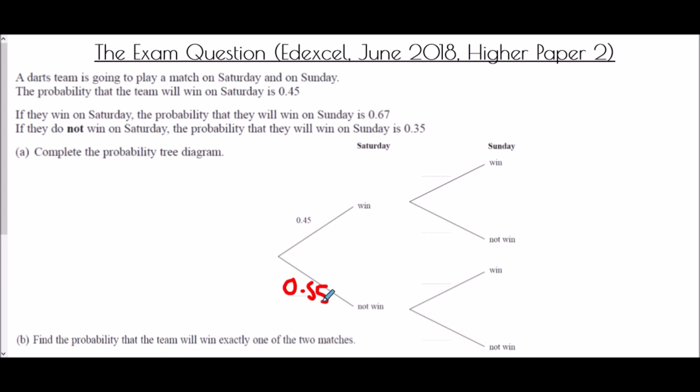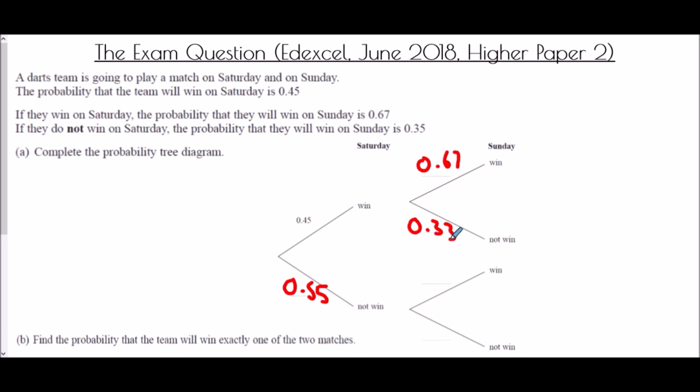So if they win, which means we are on the top branch, the probability they will win on Sunday is 0.67. So this value must be 0.67. Now from that, we can work out the probability that they do not win. Well, 0.67 taken away from 1, that would leave us with 0.33.